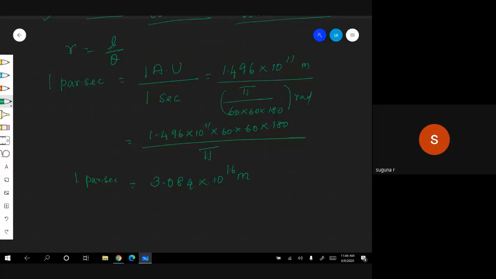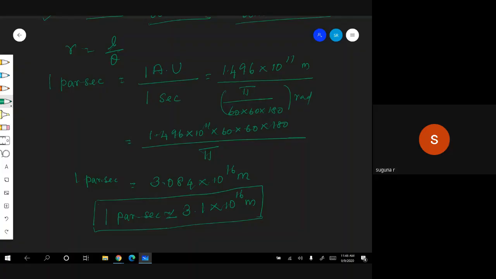Therefore, if I slightly approximate so that it will be easy for you, 1 parsec is equal to 3.1 into 10 power 16 meter. Is it clear?